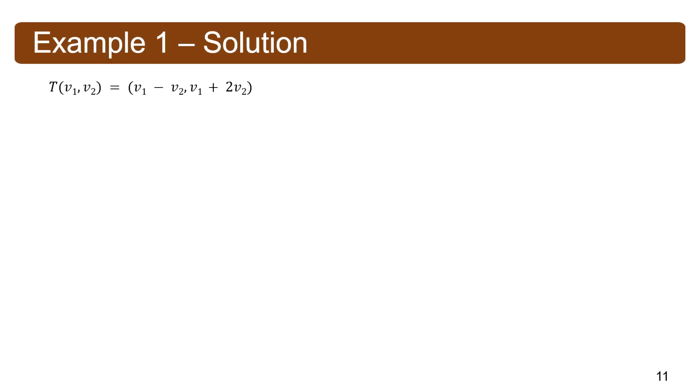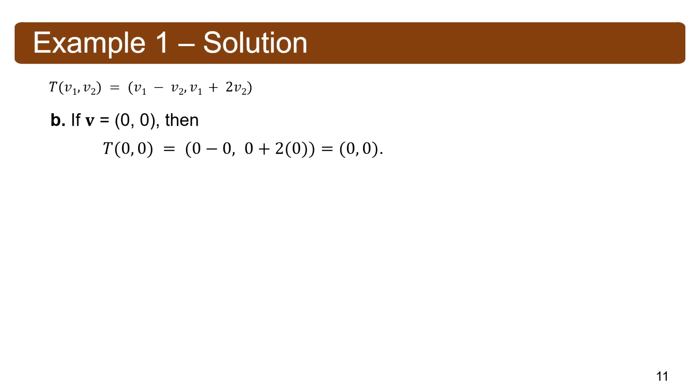All right, for letter B, we're asked to find the image of v, which is equal to (0, 0). Again, we substitute. This is very obvious. Our rule is to get, in the first component, the difference of the first and the second, so 0 minus 0. And for the second component, we have the first component plus twice the second component, and everything is 0.